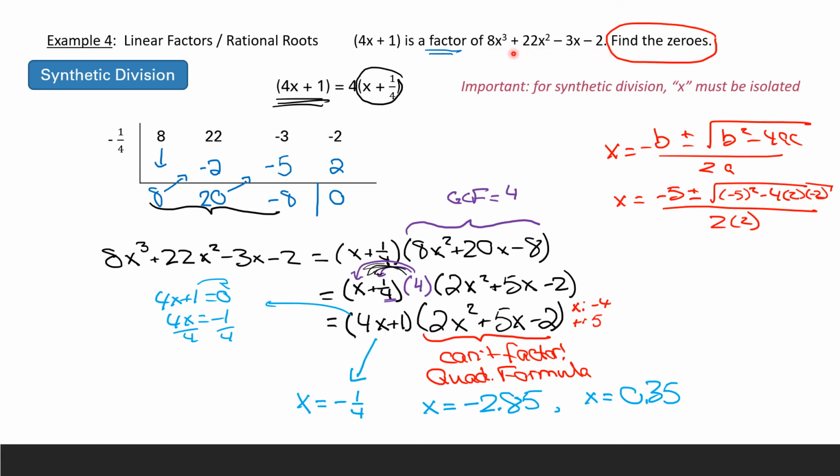This was a cubic, and we had to find the zeros. We were given one factor, right? We got one factor. We had to find the rest. We got 3 zeros, which is certainly possible with a cubic. This one has a positive leading coefficient, so we know the cubic has this shape. It's kind of going like that. So it would cross the x-axis 3 times.